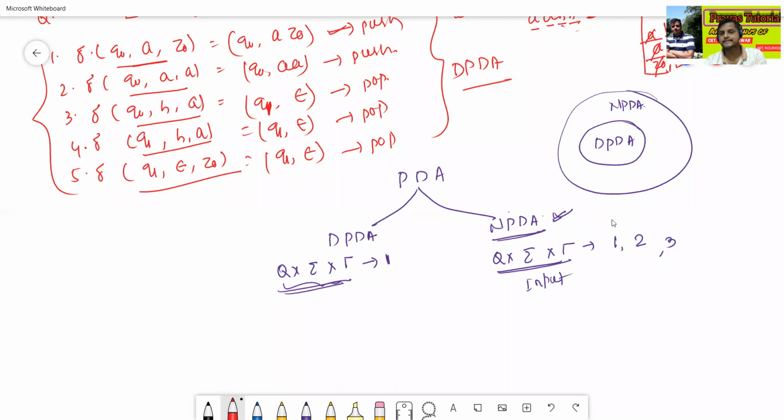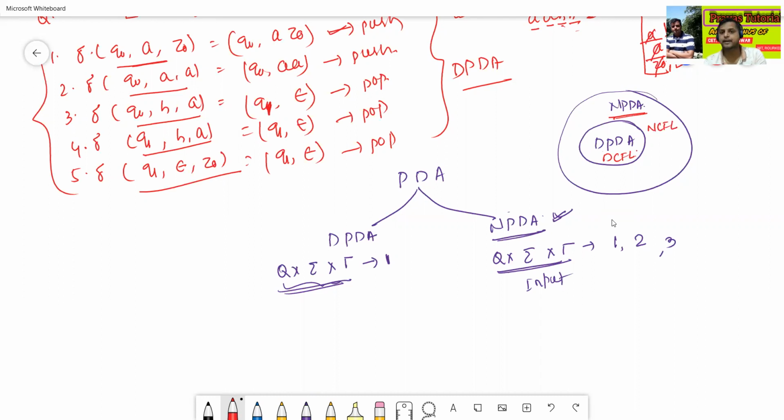The language accepted by DPDA is called DCFL, deterministic context-free language. The language accepted by NPDA is called NCFL, non-deterministic context-free language.